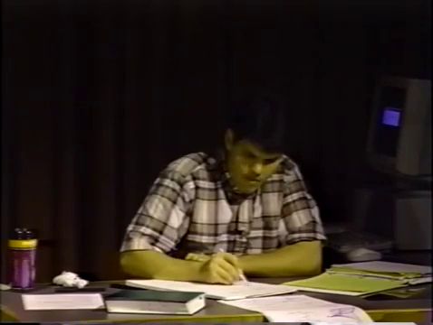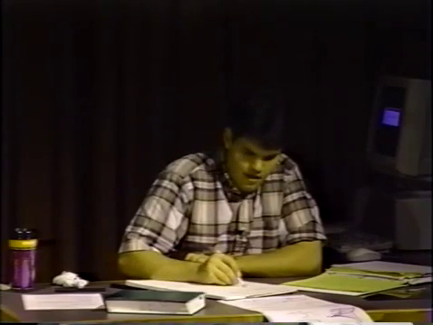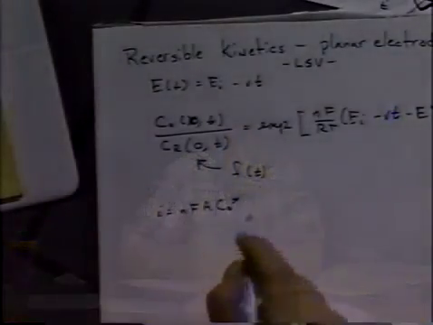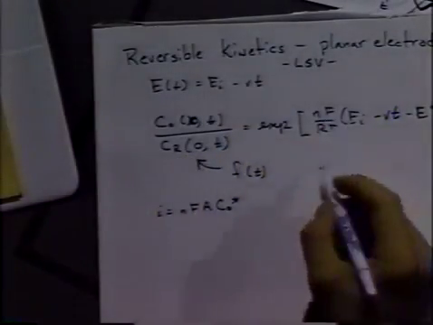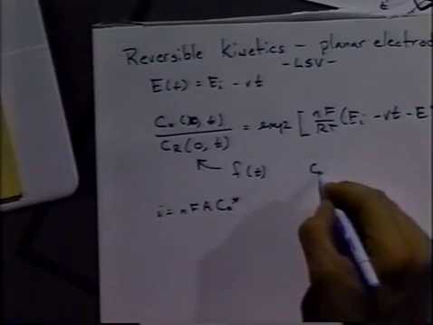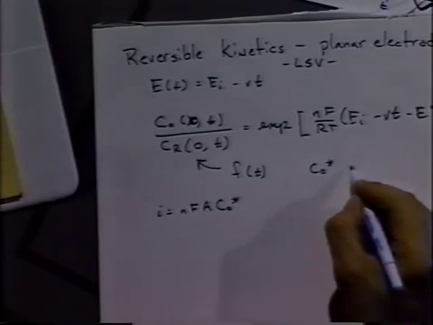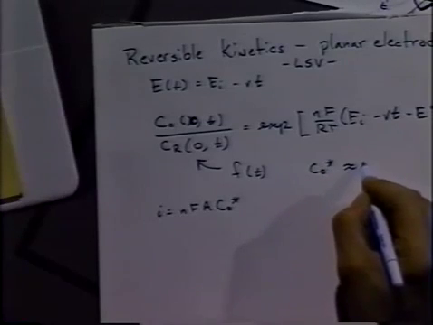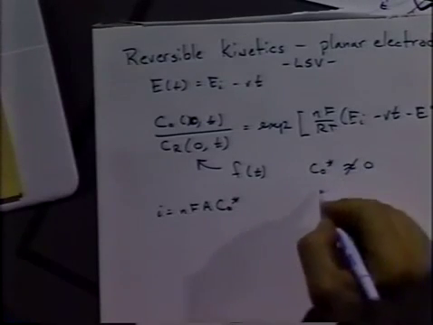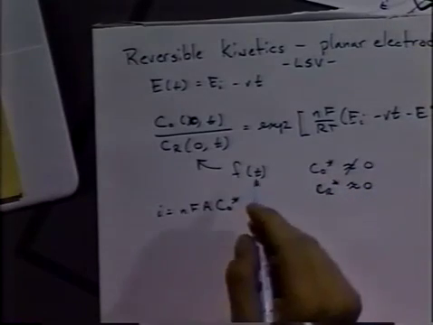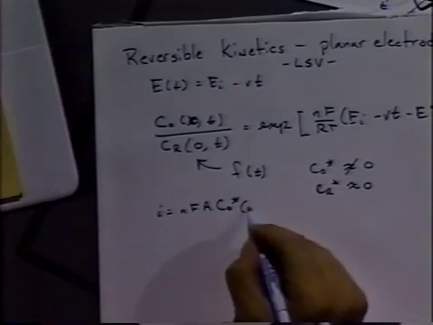There was a table of numbers, and they said the current was, in this case, again, with C_O star not equal to 0, and C_R star approximately equal to 0, the result is like so.